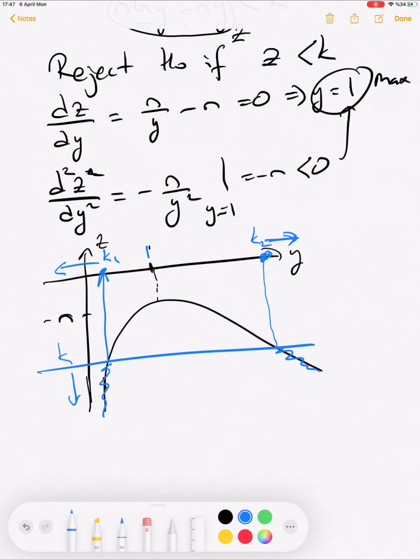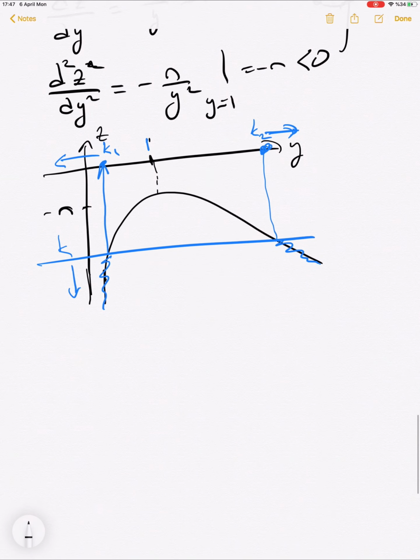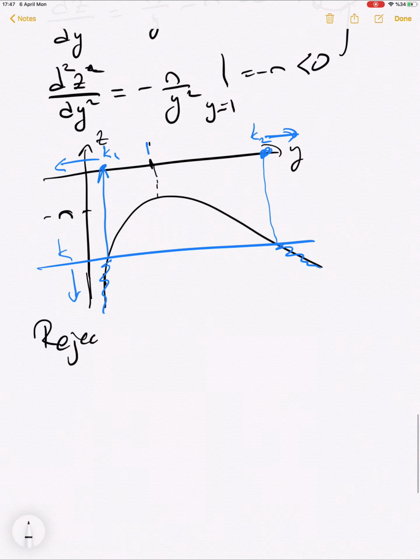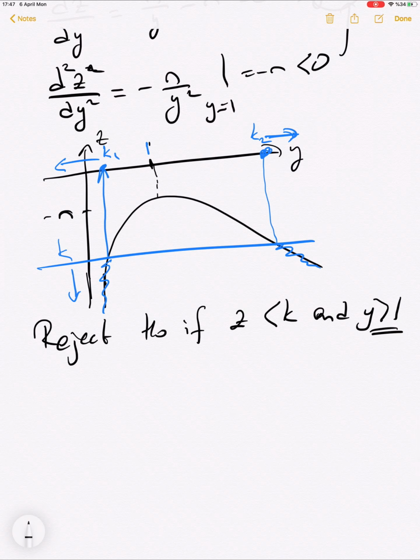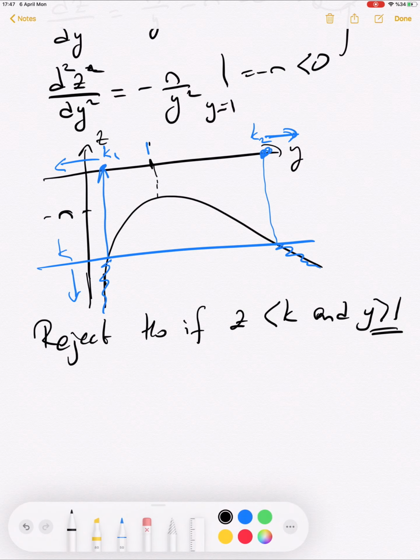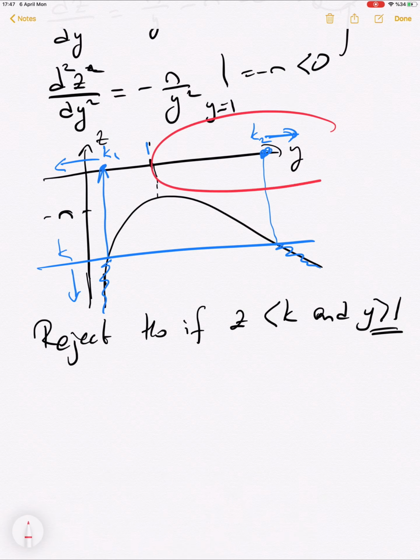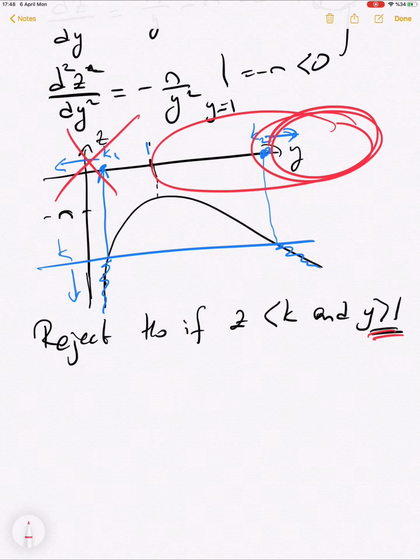But if you remember, we have one constraint in the rejection region: reject H0 if z less than k and y greater than 1. Remember our constraint? Here y is greater than 1, so this region should be my rejection region. Then I have to get rid of this one using this constraint.